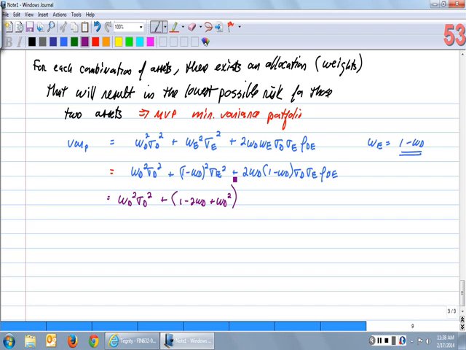When I take 1 minus WD and square it, it gives me 1 minus 2WD plus WD squared, all that times sigma E squared. I'll go ahead and distribute this next one as well. This is going to give me 2WD minus 2WD squared, all of that times sigma D, sigma E, correlation DE. Okay, so what I've got here is the variance of my portfolio is equal to this.